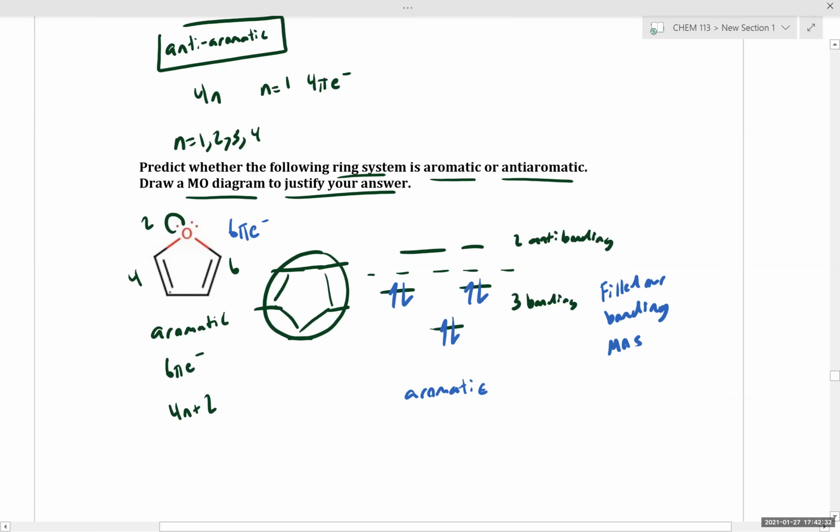We take our component p orbitals, combine them together to get a series of molecular orbitals, and fill our diagram with our pi electrons. So since we have 6 pi electrons, we add 6 electrons to this diagram, and we conclude that we filled our bonding molecular orbitals. Does that make sense? Yes, thank you. Perfect.